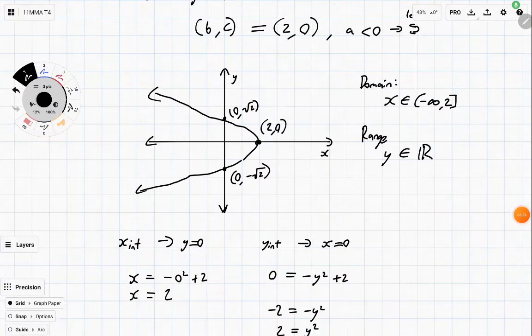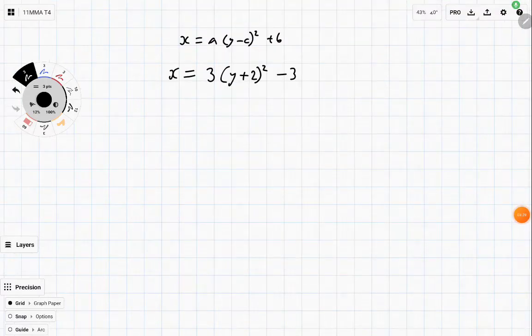Let's do one more. Alrighty, so this is the form we've got, and in this case the turning point is going to be (b, c), which is (negative 3, negative 2), because remember we're going to switch the sign here. However, a in this case is positive, so it is going to be concave right. And now we can get to the sketching part.